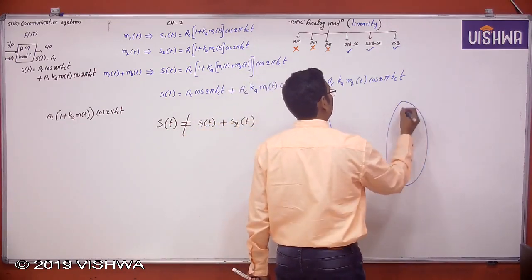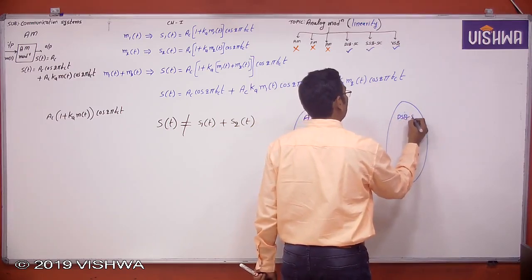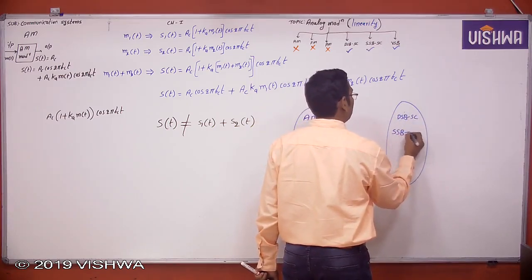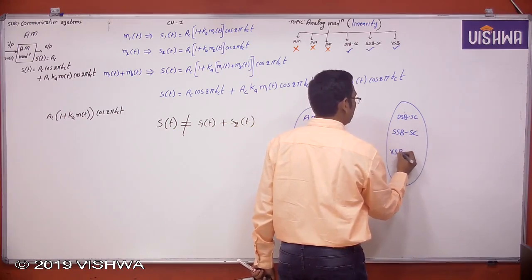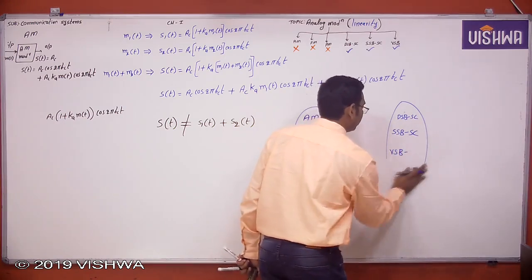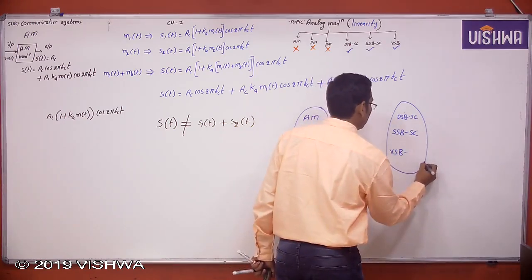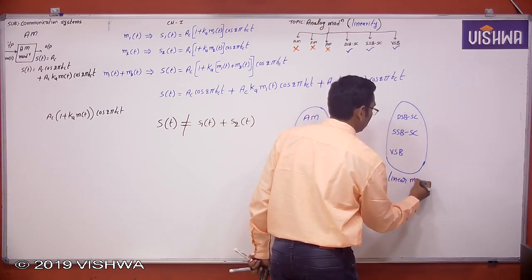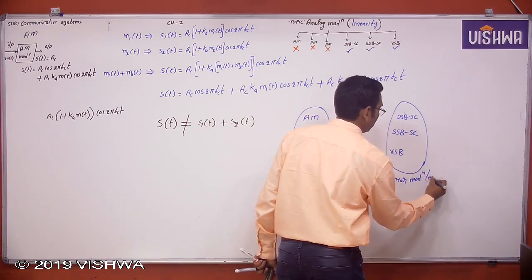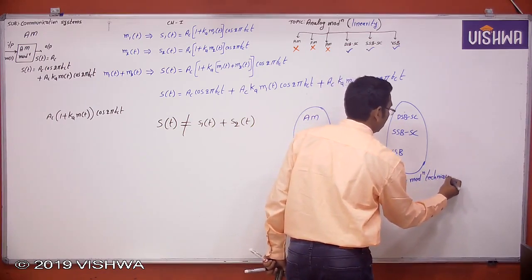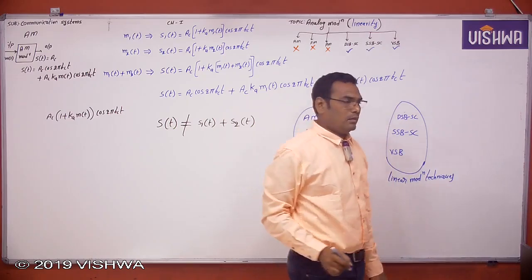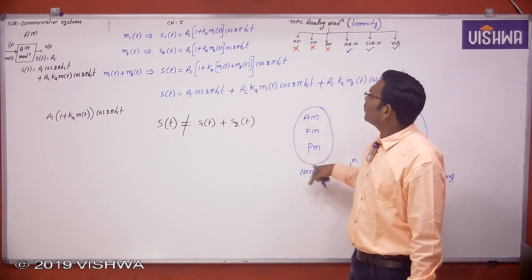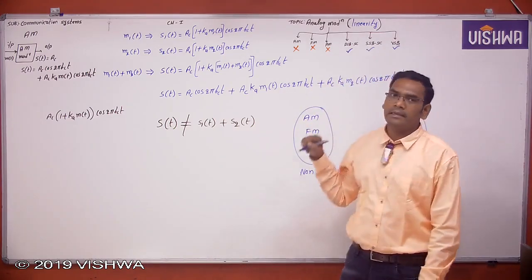Whereas DSBSC, SSBSC, VSBSC, all these are linear modulation techniques. Clear or not? Now this is the non-linear modulation techniques. This is the linear modulation. Note down.